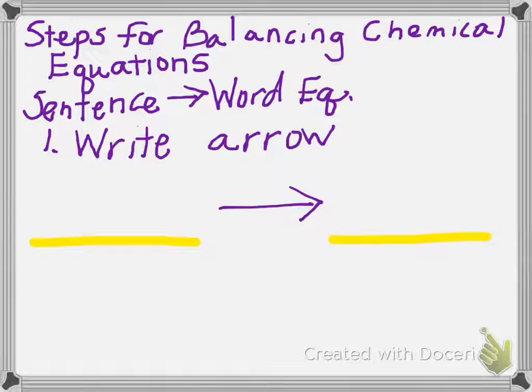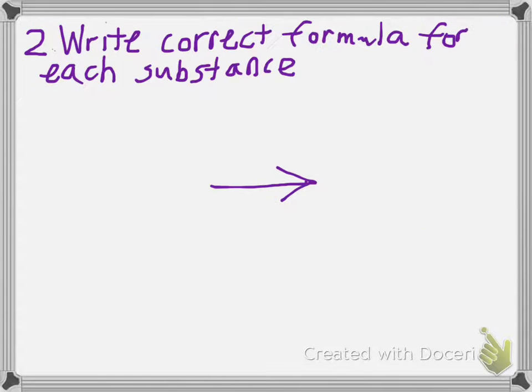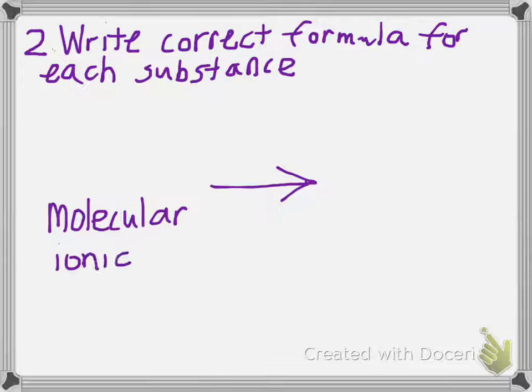The next step of writing our balanced chemical equation is that we have to write the correct formula for each substance. Again, this goes back then to you remembering what you've learned before about molecular compounds, ionic compounds, and your diatomic molecules.